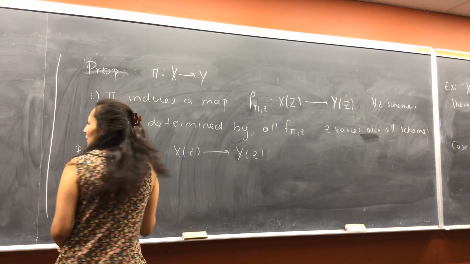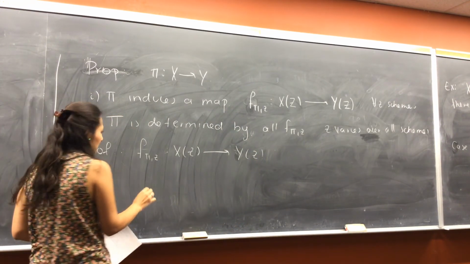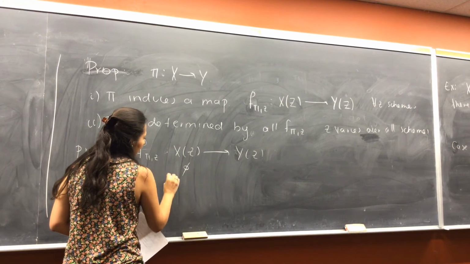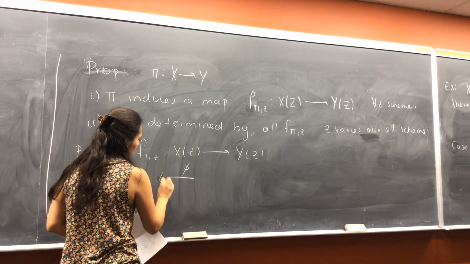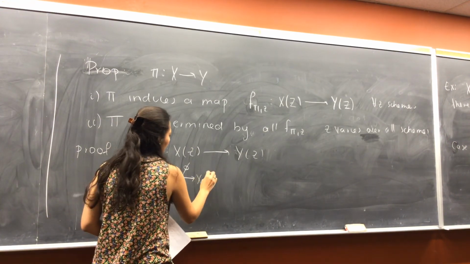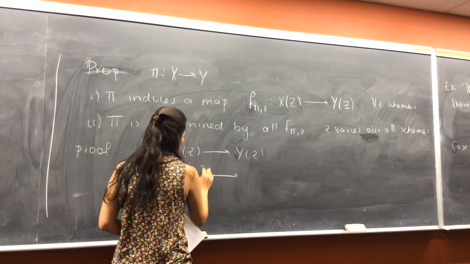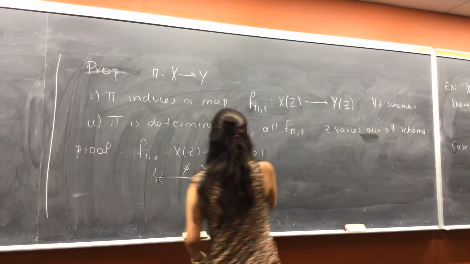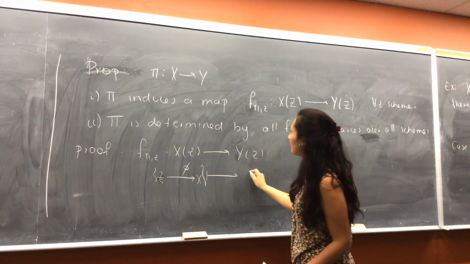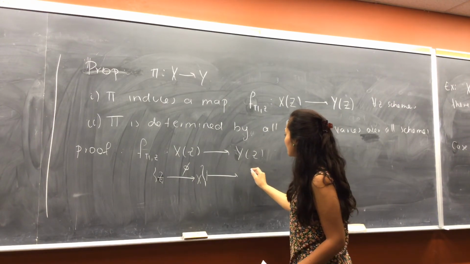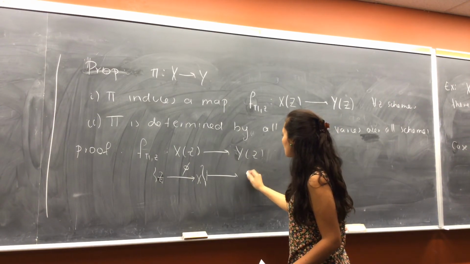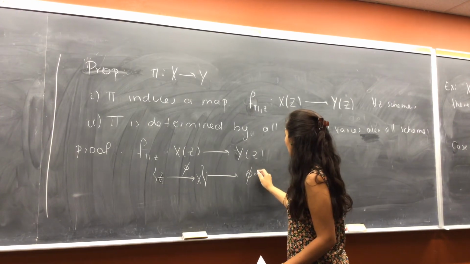If we have a morphism phi from S to X, then we can map this morphism to the composition with pi.